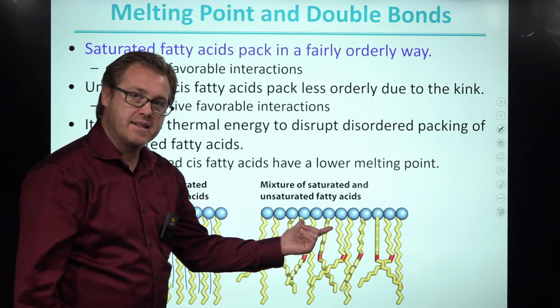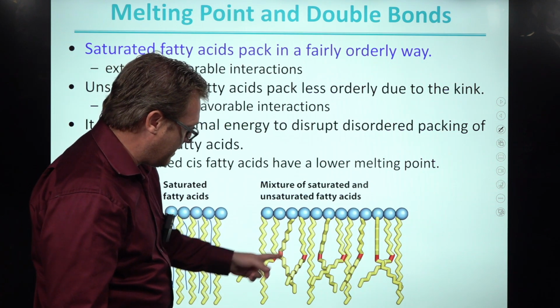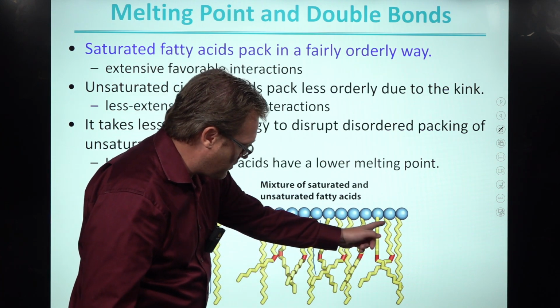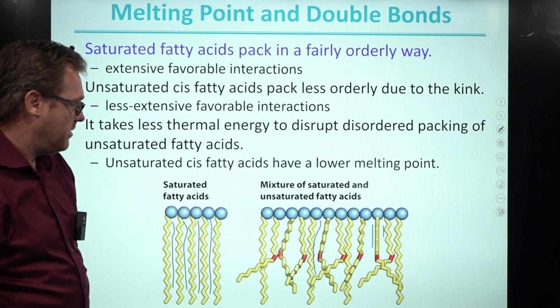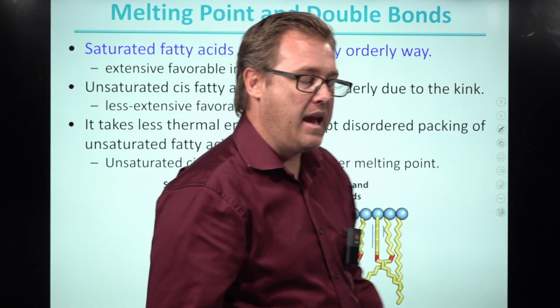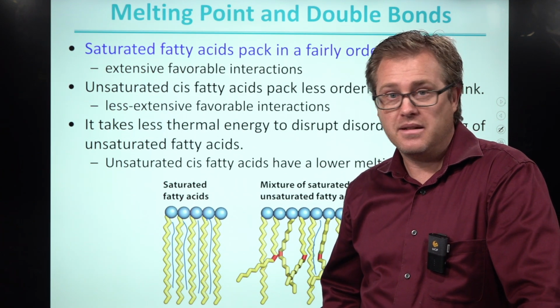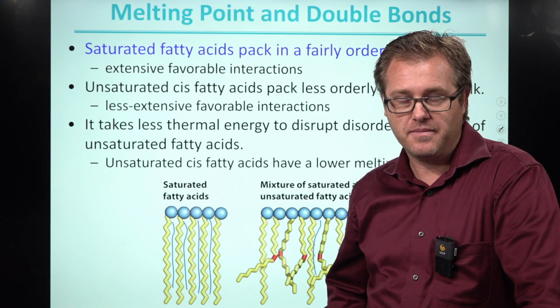Whereas when you look at an unsaturated fatty acid, you can see that there's still going to be van der Waals forces, but there's going to be less than the saturated. And that's why an unsaturated fatty acid is going to have a lower melting temperature.